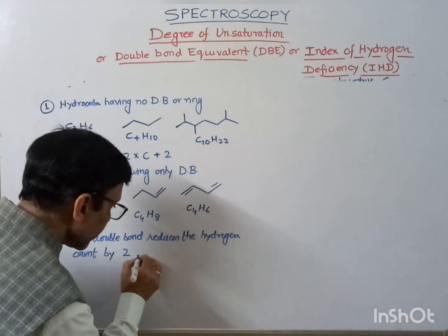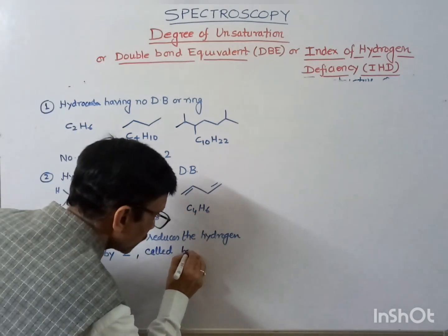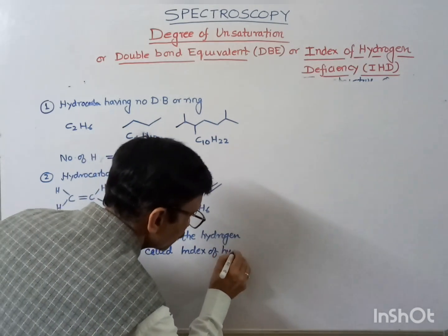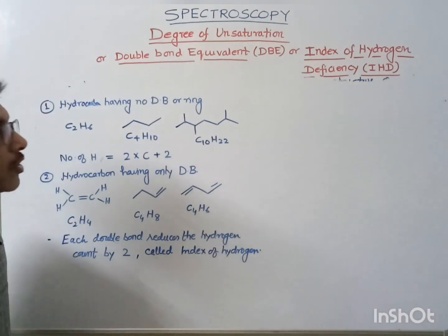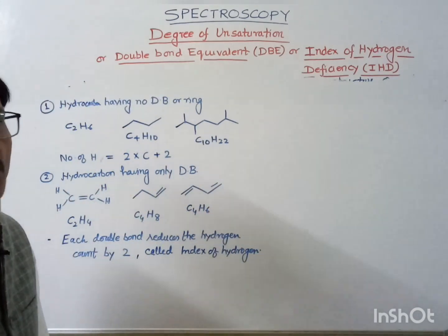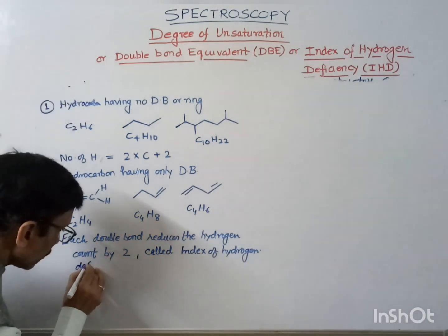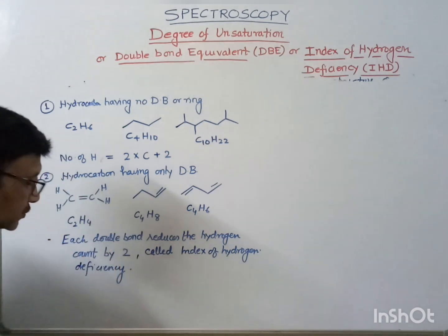So this is called the index of hydrogen deficiency. That's why the degree of unsaturation or double bond equivalent is called the index of hydrogen deficiency. So now you should be clear why it is called so.